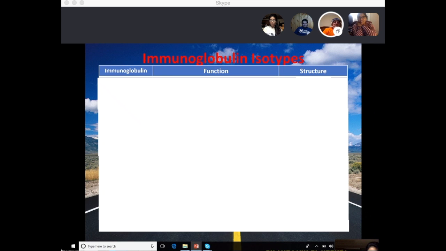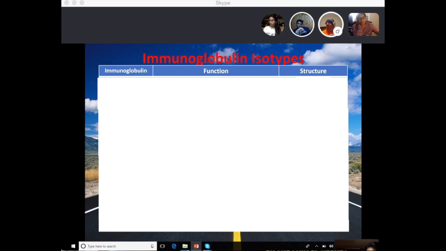All right. So now, does anybody remember the different letters for the different isotypes? G-A-M-E-D, right? Okay. Can you tell me anything that you can think of about IgGs? It's the most abundant one. It's the delayed one, right?